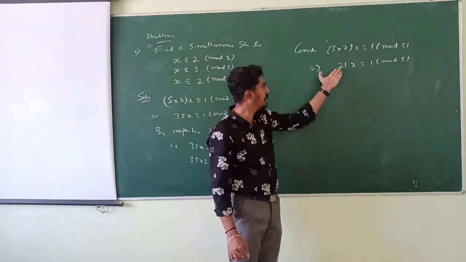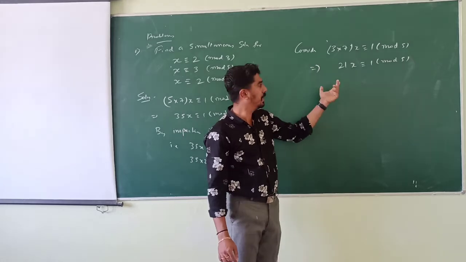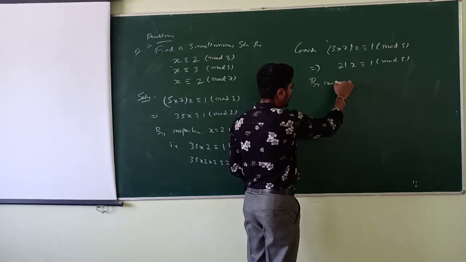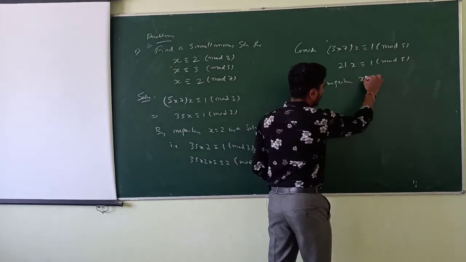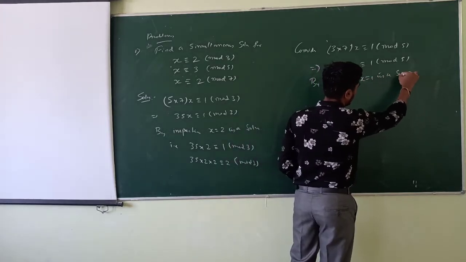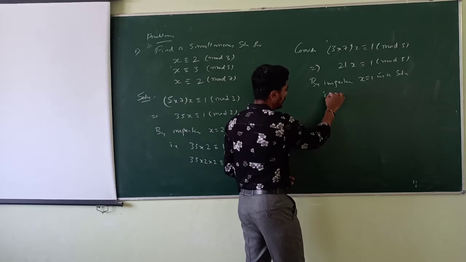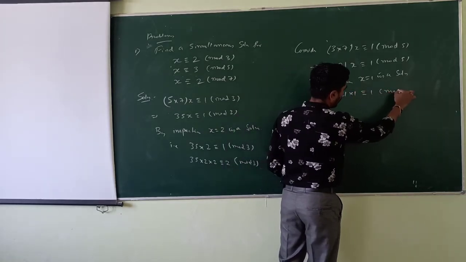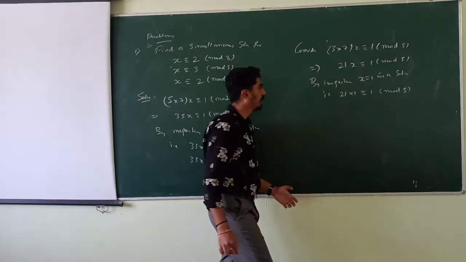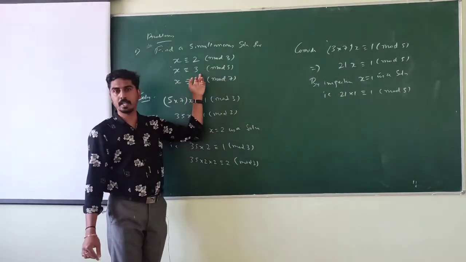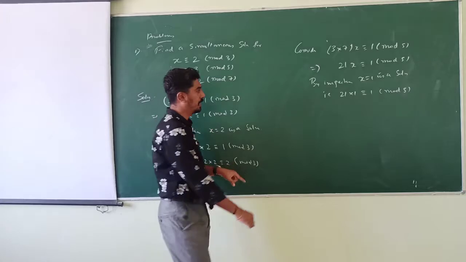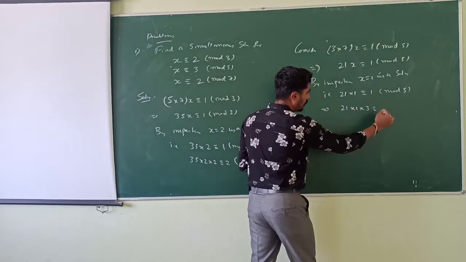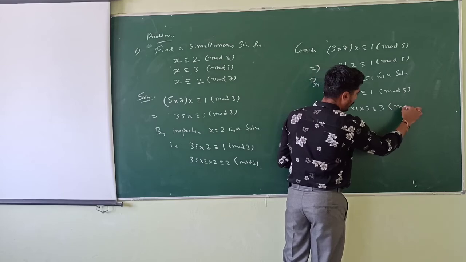When I put x equal to 1, we get 21 minus 1, which is 20, a multiple of 5. That is, 21 into 1 is congruent to 1 modulo 5. I have 3 here, so multiply both sides by 3. We get 21 into 1 into 3 is congruent to 3 modulo 5.